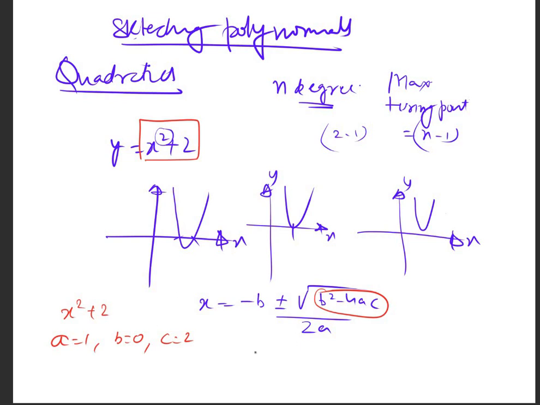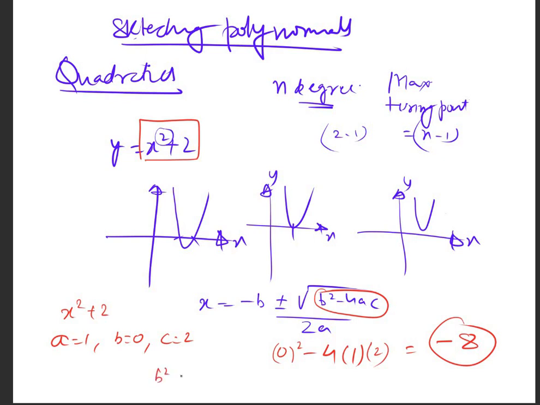So my b square minus 4ac is 0 square minus 4 times 1 times 2. So that means this has a negative 8 as answer. So b square minus 4ac is a negative value.